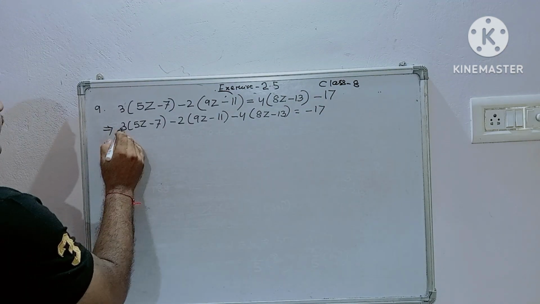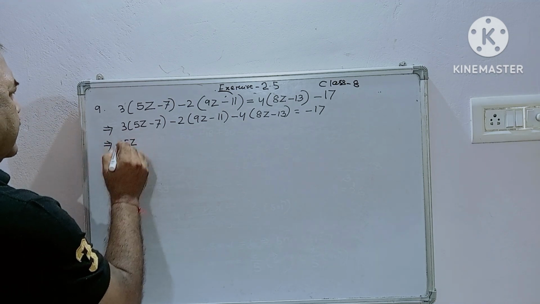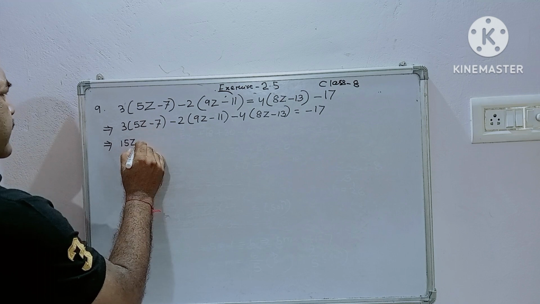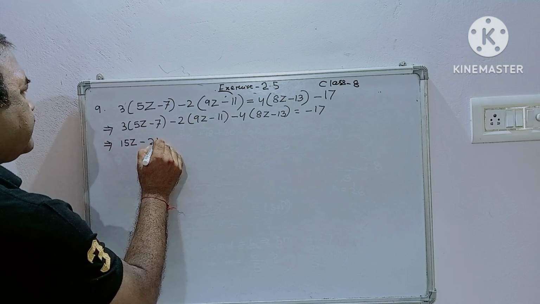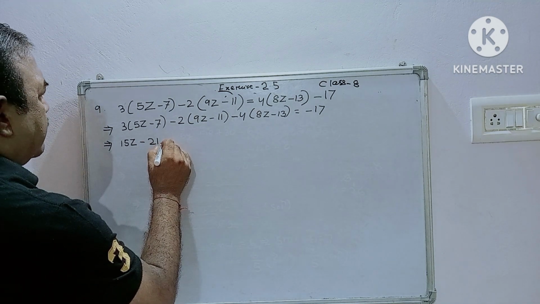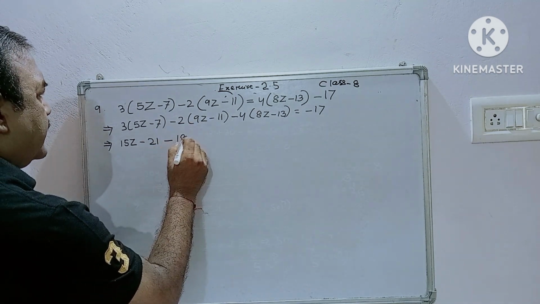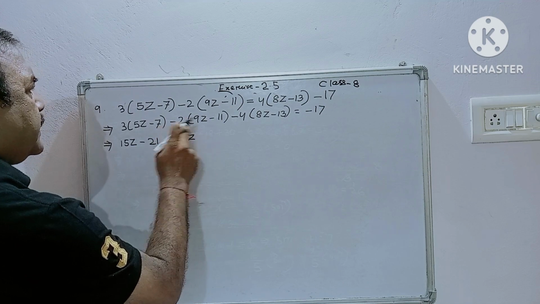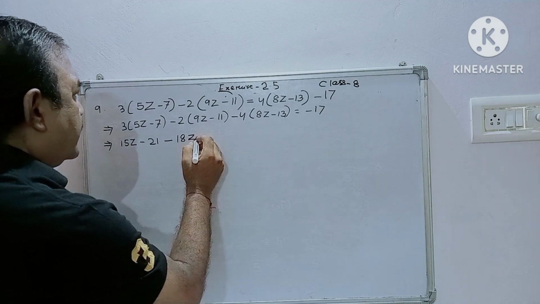That implies 3 into 5z, that is 15z. 3 into minus 7, that is minus 21. Minus 2 into 9z, that is minus 18z. Minus into minus, plus 2 into 11, that is 22.